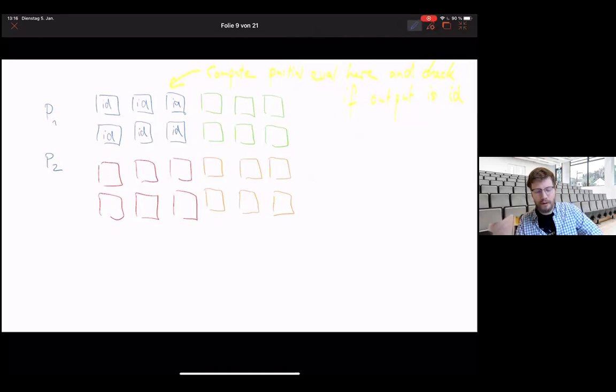Computing such a partial evaluation can now still allow us to distinguish these two branching programs from one another, right? So we have to have a mechanism that penalizes these partial evaluations.